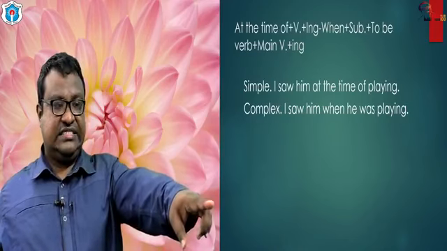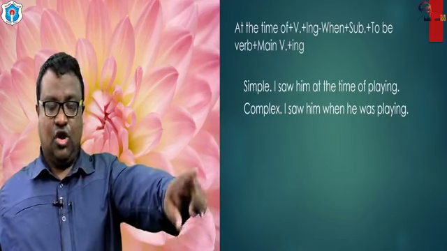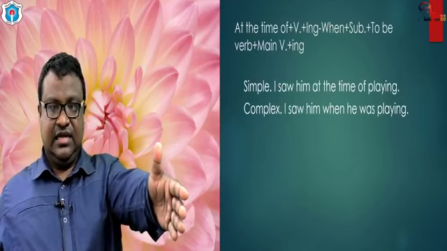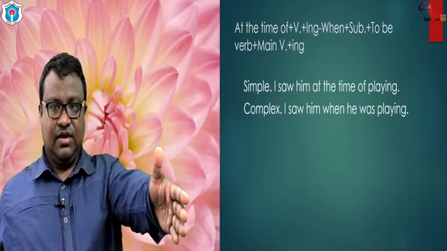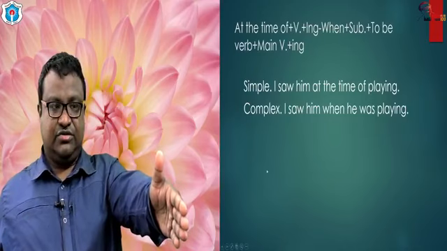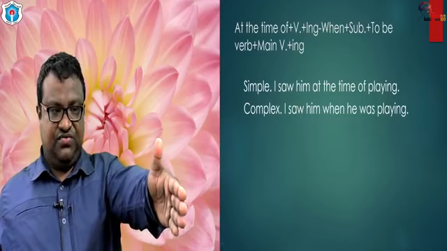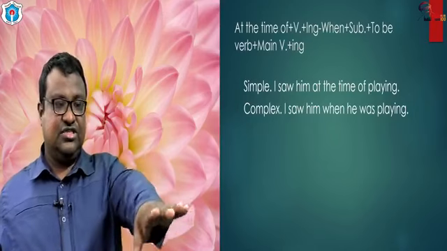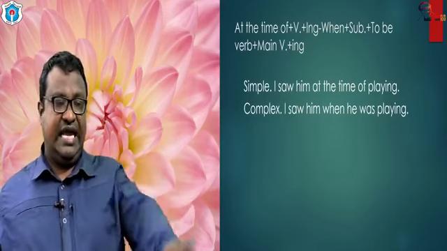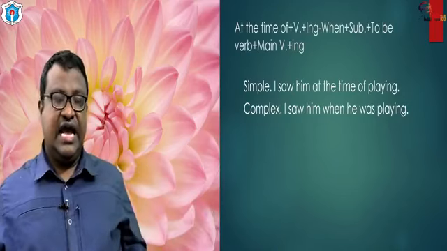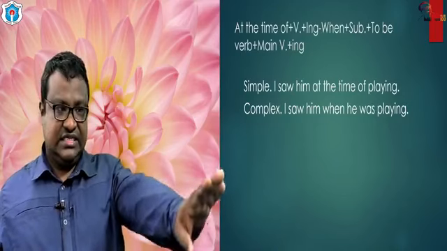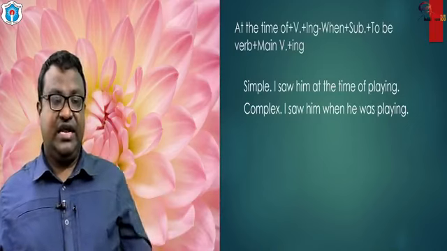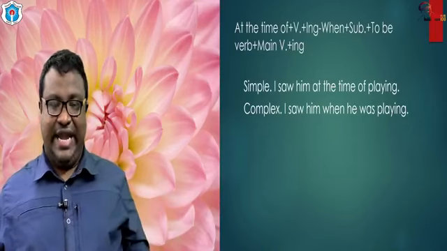When plus the subject, the object will be turned into subject, that is he. Then the to be verb, then the main verb plus ing plus extension. That is, I saw him at the time of playing. Here we are saying I saw him at first. The principal clause will remain as it is. Then we are using the word when.